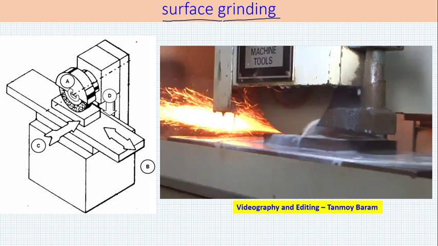So this is a schematic of a surface grinding machine. This surface grinding machine is called a horizontal spindle surface grinding machine.